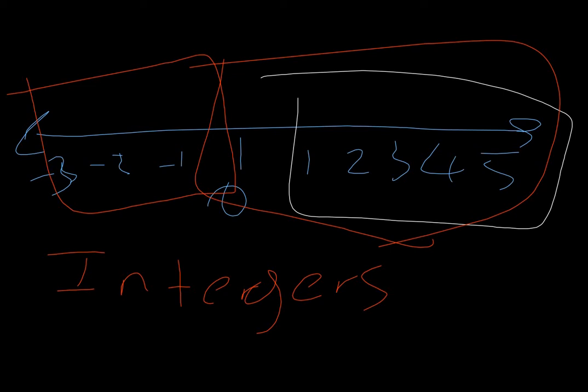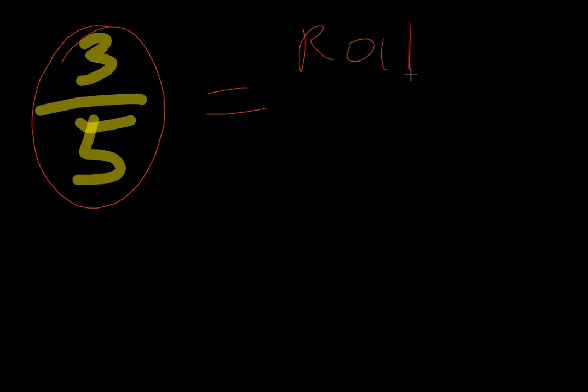Let's look at another set of numbers. If I should take two integers and I should write them as a fraction, now this kind of representation is what we call a rational number. So a rational number is basically the ratio of two integers, or basically a fraction of two integers.